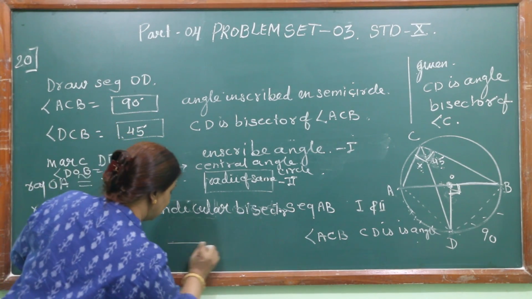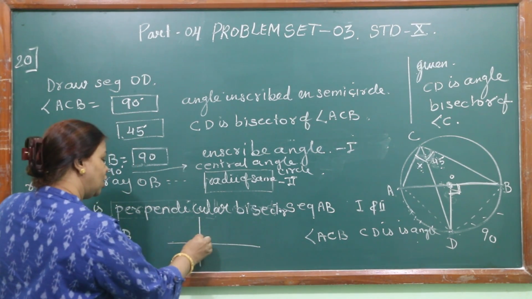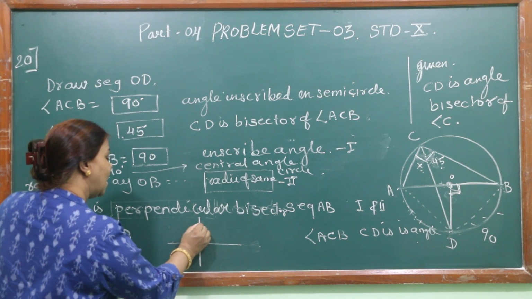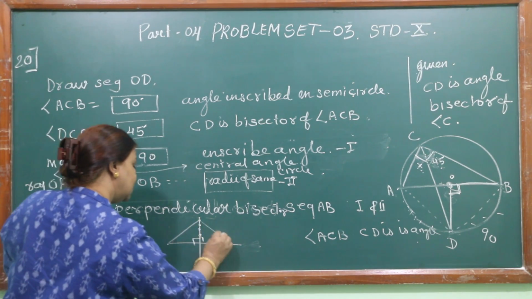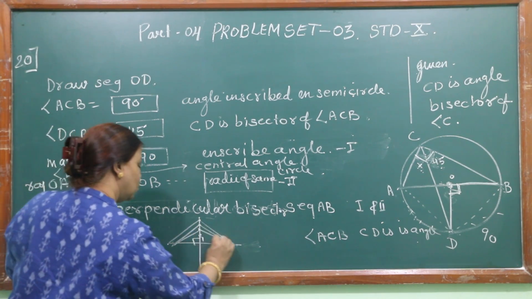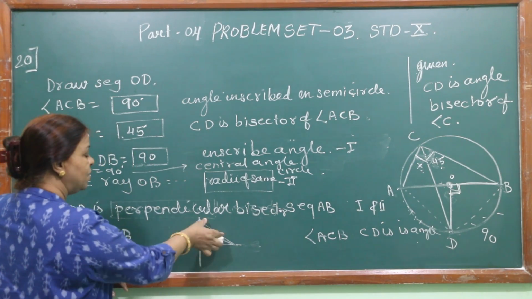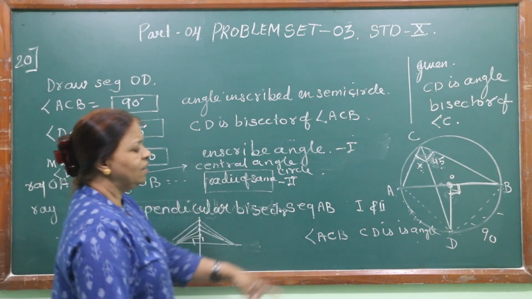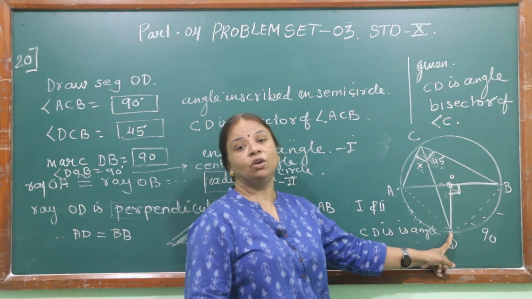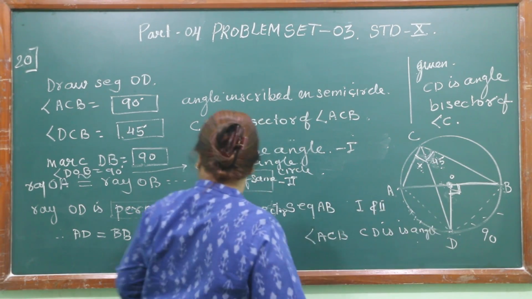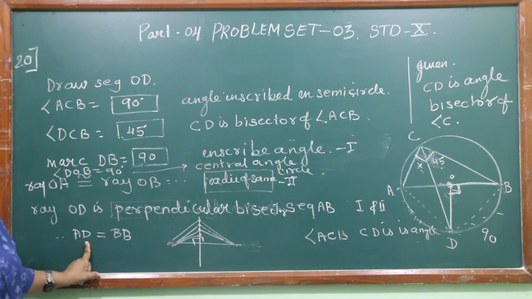If any line is the perpendicular bisector, then all the points on that line would be equidistant. I have explained this first also. And point D is on the perpendicular bisector, so we can say AD is equal to DB, children. You can pause and write this down.